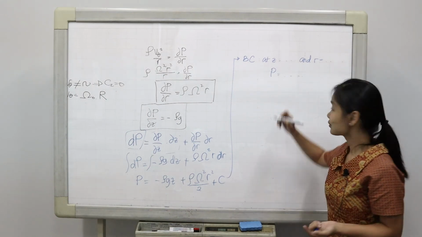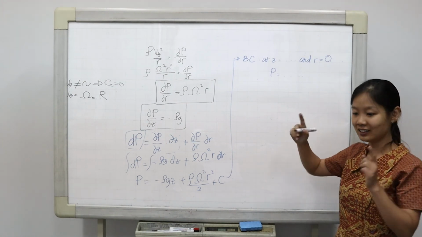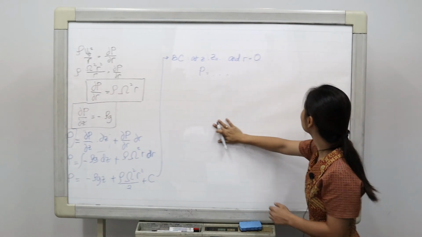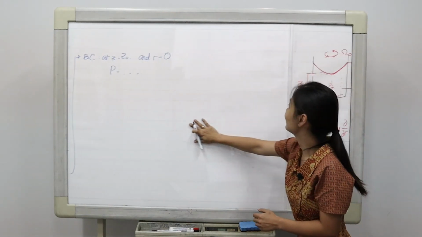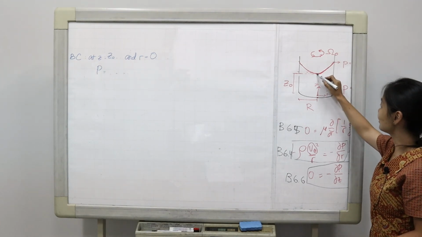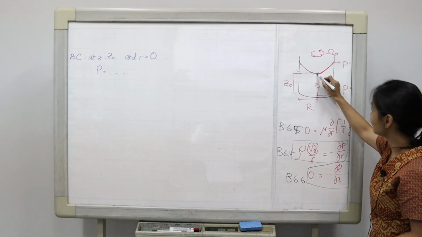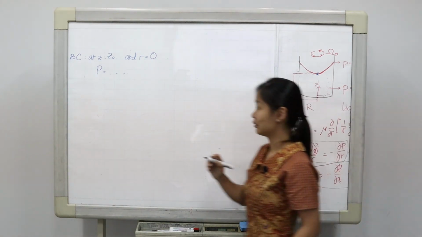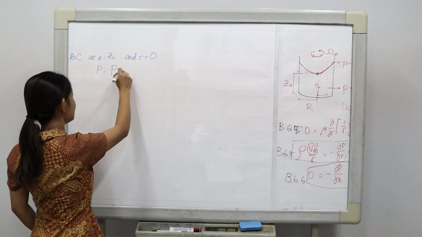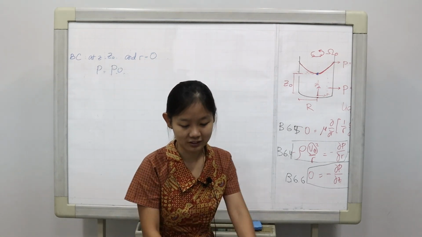We know that at r equal to 0 and at z equal to z0, that means this position, our pressure is P0, which should be the same as atmospheric pressure.